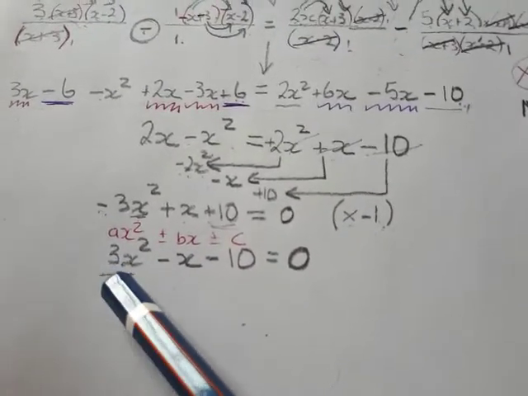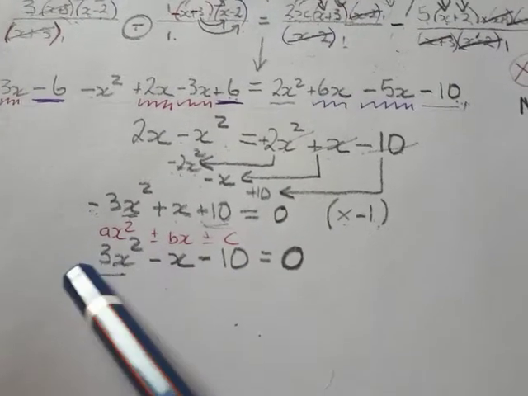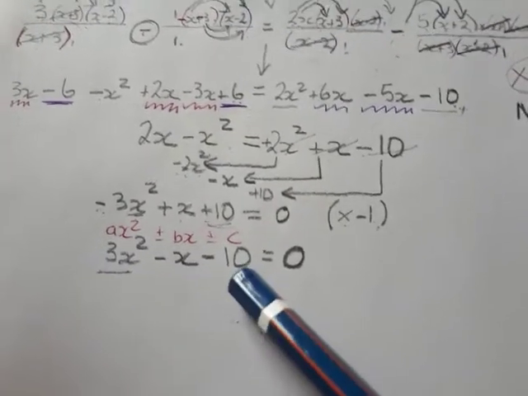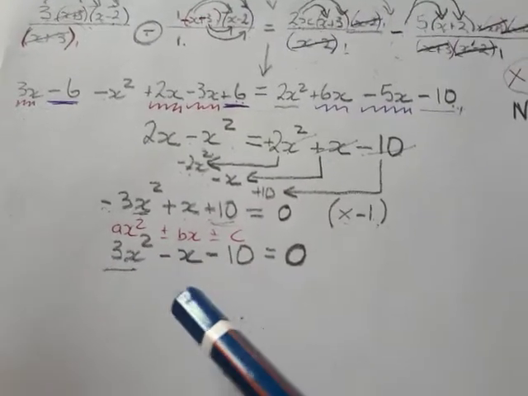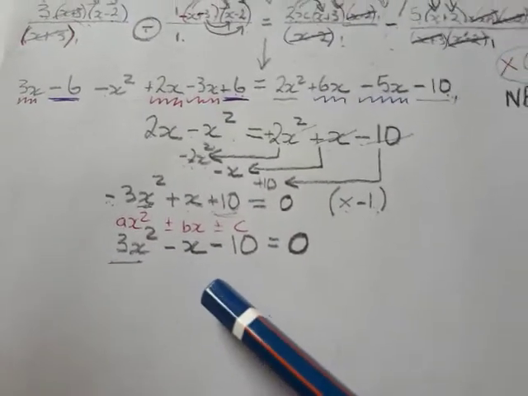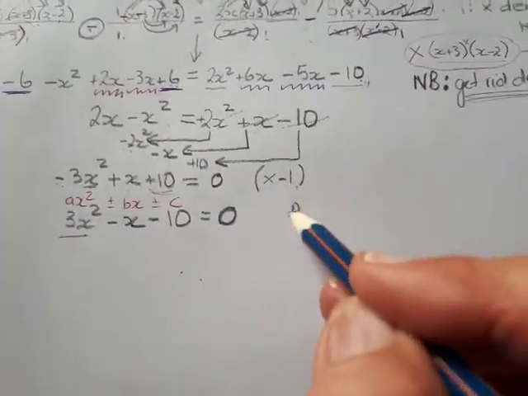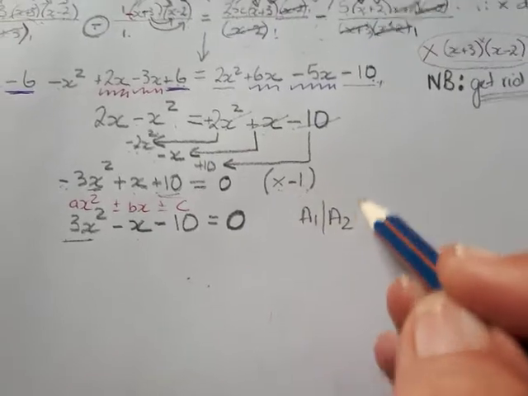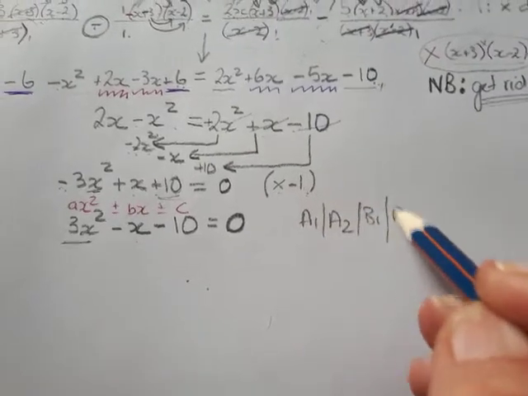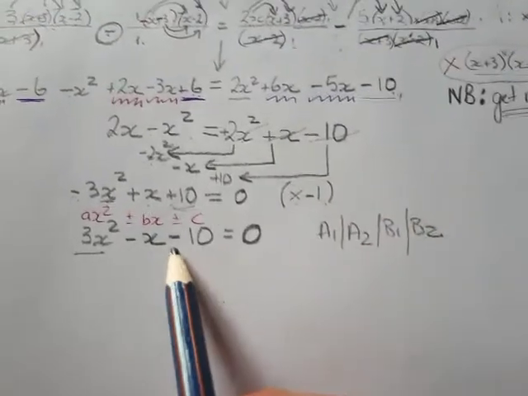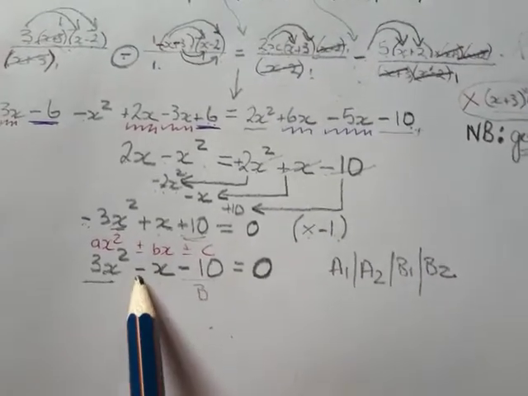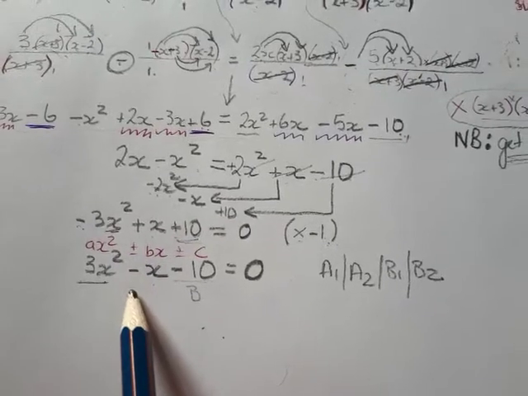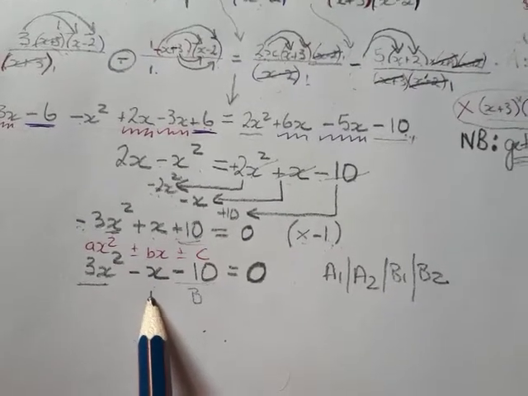You can take out the highest common factor, which in this case is not possible. You can complete the square, you can use the quadratic formula, or you can just simply, in this case, factorize the quadratic trinomial, which is either A1, A2, B1, or B2. Now, because this is negative, it's a B. Because my b is also negative, this is B1.